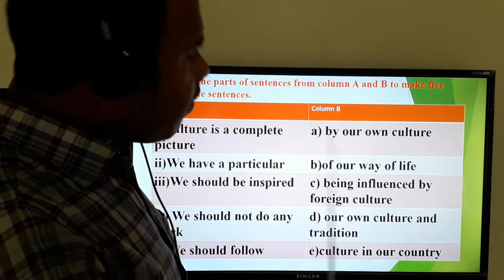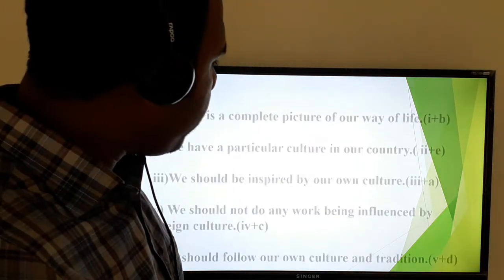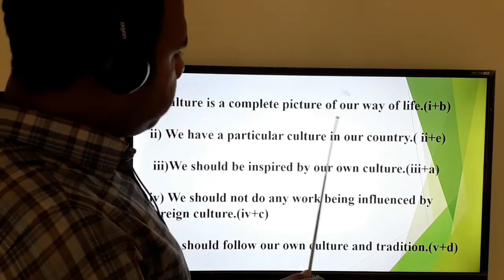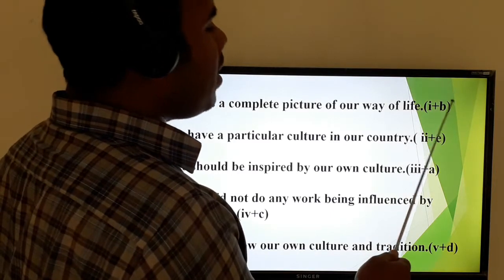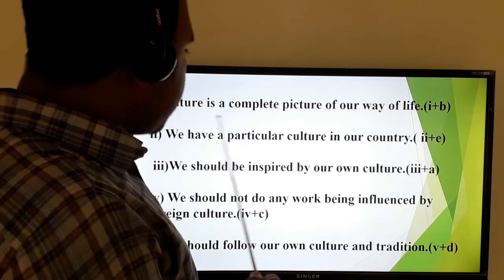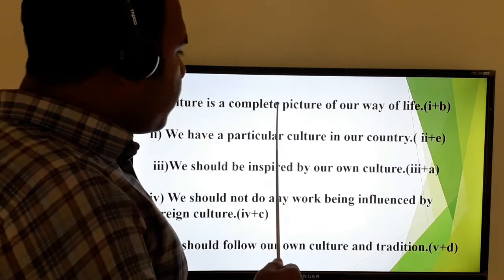So these are the 5 sentences, and in your answer script you write the answers in this way. You see, the first one, that is, culture is a complete picture of our way of life. That is 1 plus B. You can give them 1 plus B, or it is not necessary. You can write the sentences. You should not give any hyphen or something in the middle of the sentence.